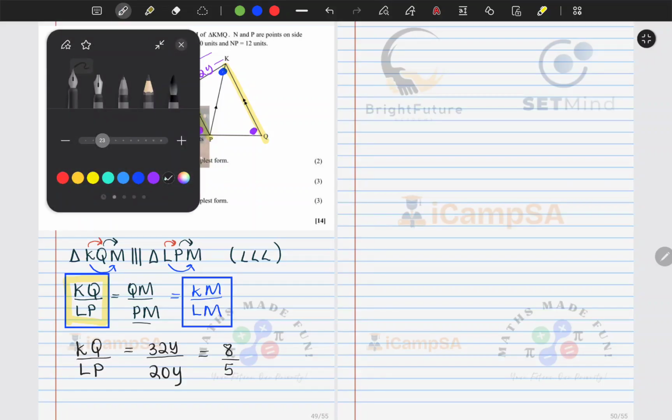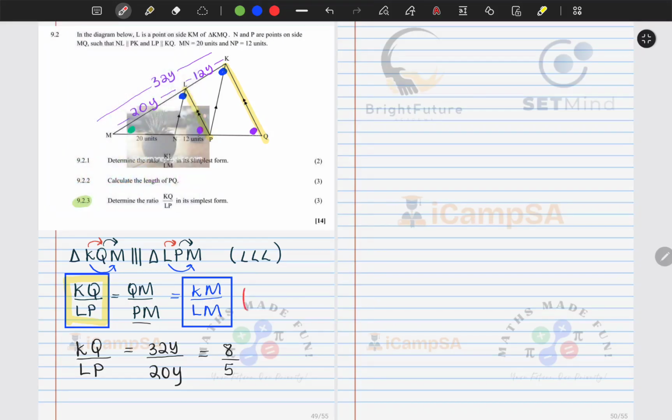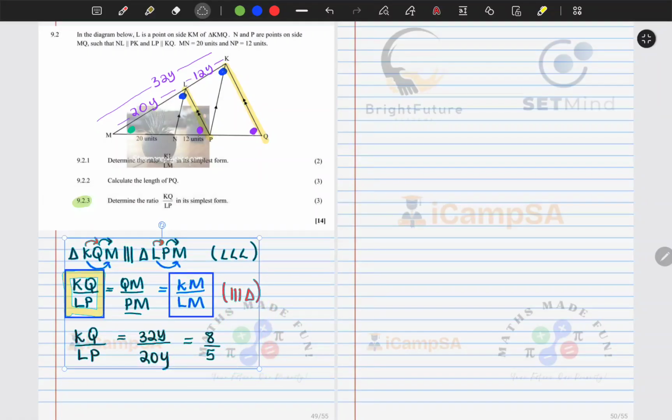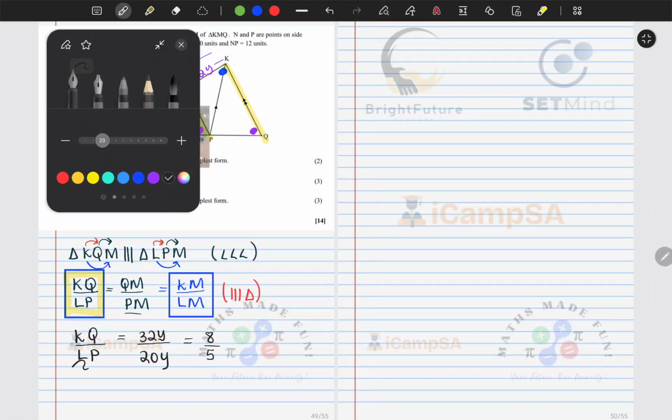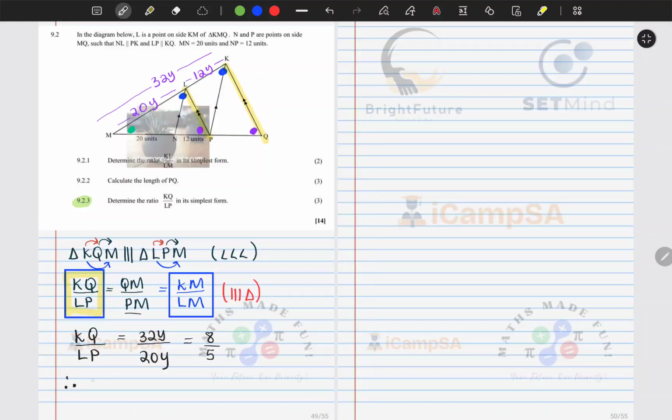And why are we able to set these to be like this? What we can note is this we can do because we have similar triangles. Okay, others would call that your proportionality theorem. So that is what we are supposed to get for this question here. So therefore, let's put this up.